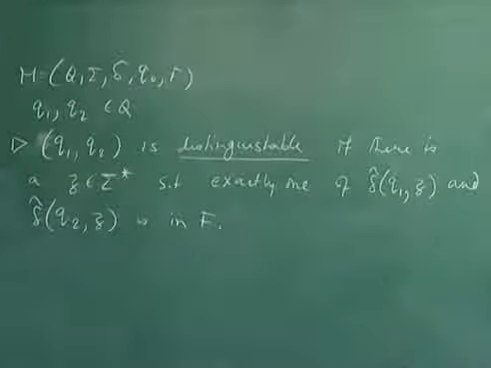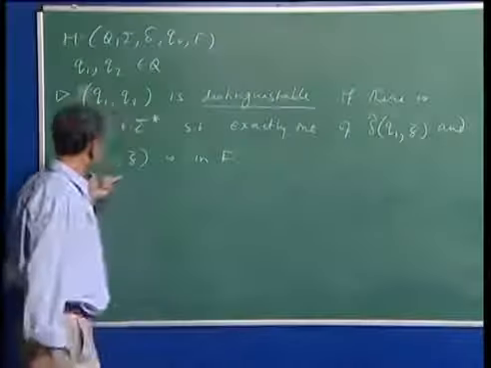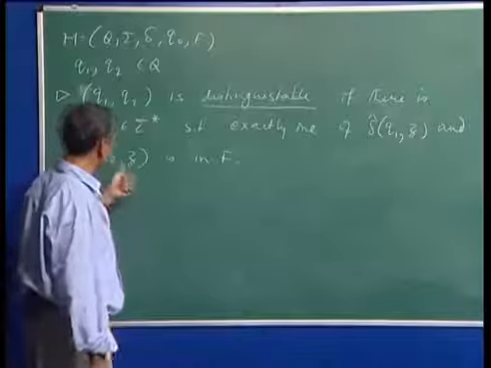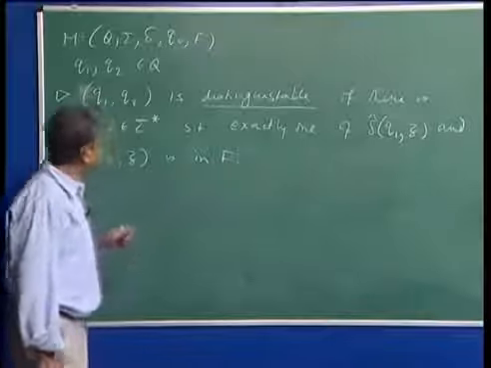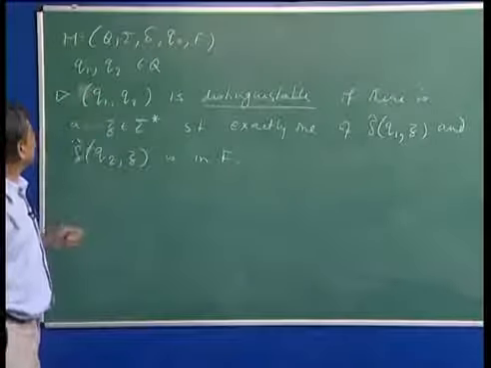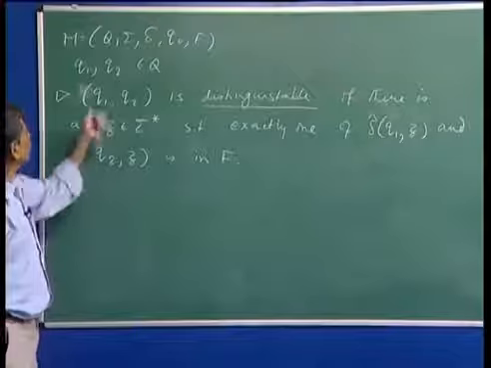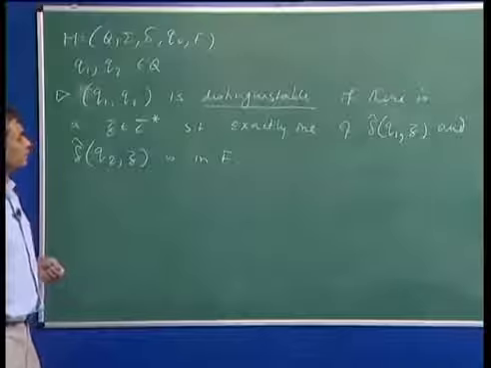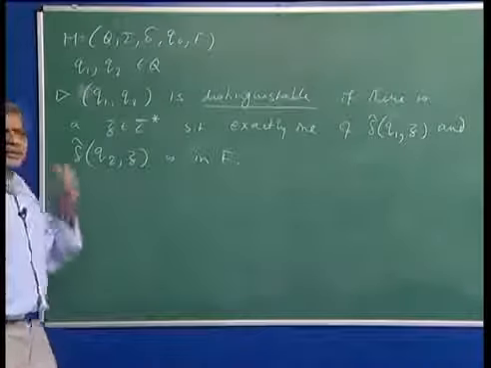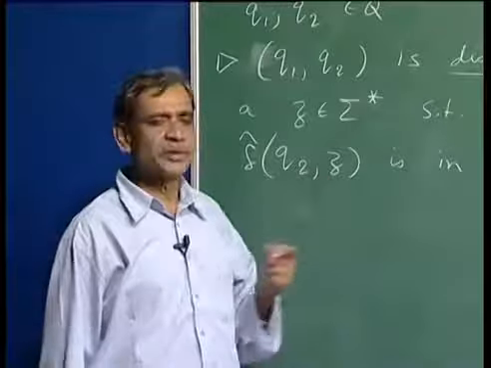What we are saying is that a pair of states is distinguishable if you can find a string z such that exactly one of delta hat of q1 and z, this is one state, and delta hat of q2 and z, this is the other state, is in F. In such a case, if we can find this condition to be true for a pair of states, we will say that pair of states is distinguishable. And there is a systematic way of finding all pairs of distinguishable states.